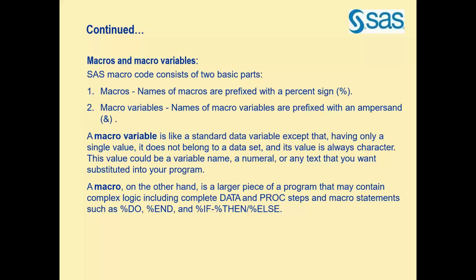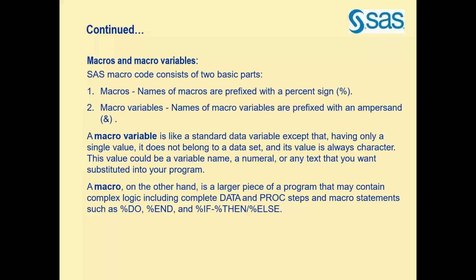Now, what is a macro variable? A macro variable is like a standard data variable except that it has only a single value. It means it can contain only one value. It does not belong to a data set, which means it is not stored in any database, right? And its value is always character.